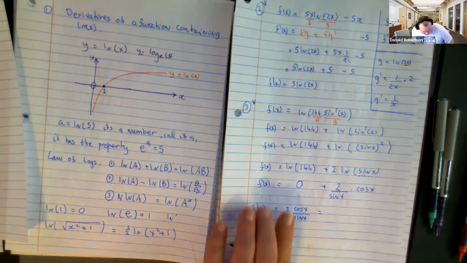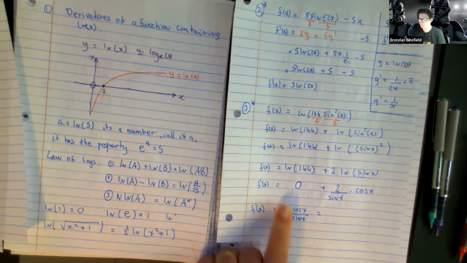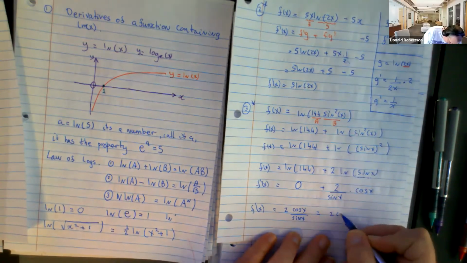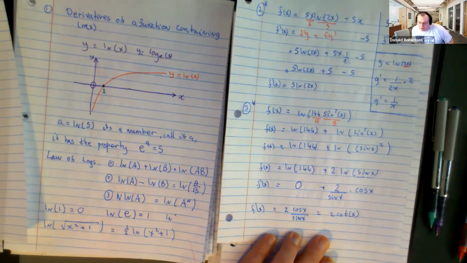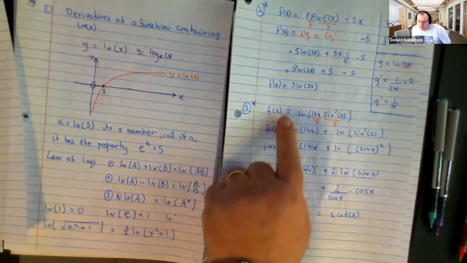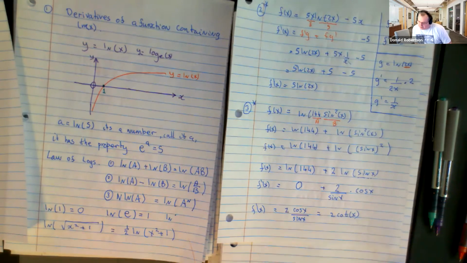Does anybody recognize cosine x over sine x? Cotangent. And so your final answer is that guy. Now, ugly function, quite a nice derivative, agreed?